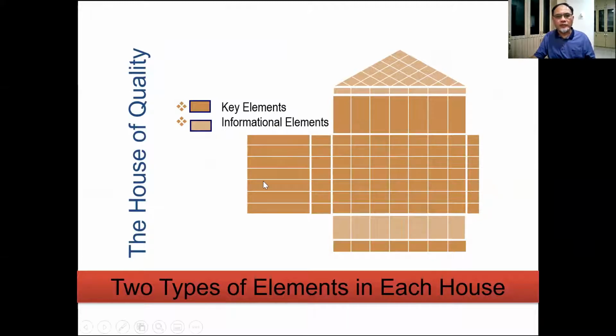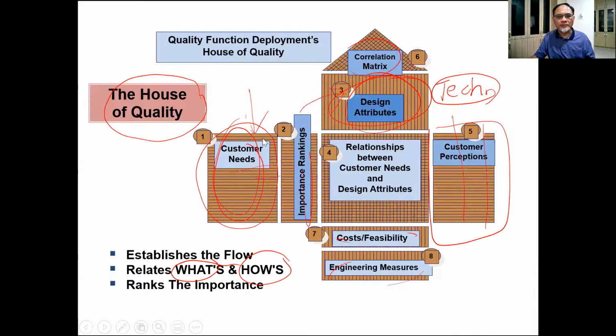Okay, so if you remember the other day, we have these customer needs and the design technical requirements, which are going to determine the relationship, viewing from the customer perceptions what the particular needs are, whether they have been met, whether the company is still lacking.